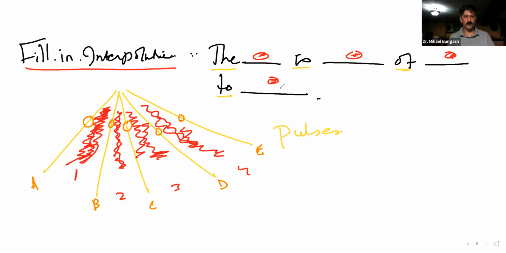So as an example, if the pulses have a low density, that means there will be greater space to fill up by fill-in interpolation.